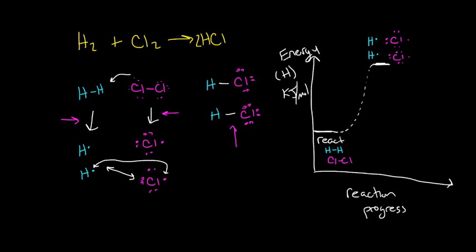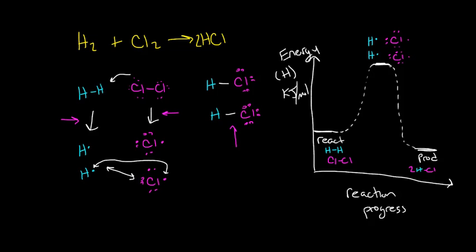So to create this intermediate, this transition state that we must proceed through, it takes a lot of energy. But once we get to this state, we can then proceed back downhill to reach our products, which are at lower energy. So in this case, our products are two equivalents of hydrogen chloride. So we have our HCl here, and we have two of these.